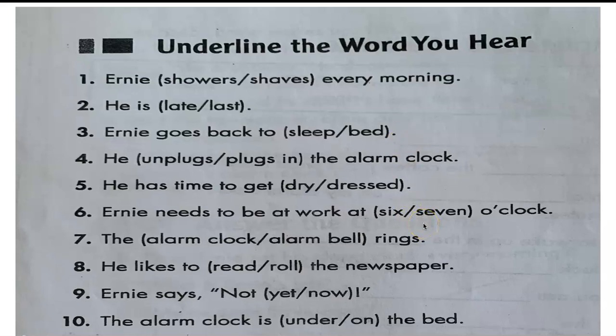Ernie needs to be at work at 7 o'clock. 7. The alarm clock rings. 8. He likes to read the newspaper. 9. Ernie says, "Not now." 10. The alarm clock is under the bed.